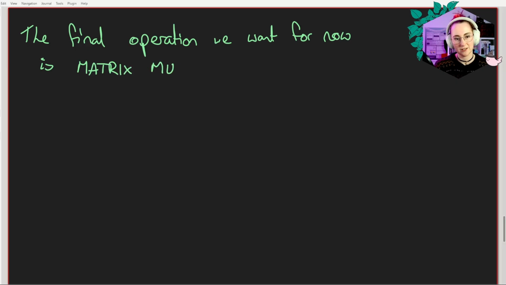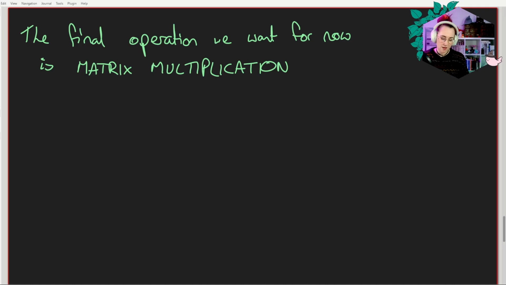Matrix multiplication. And then I don't have to remember how to spell multiplication again for the rest of the stream. So it's not the same as matrix addition, where the matrices have to be exactly the same size, but there is a requirement on them.